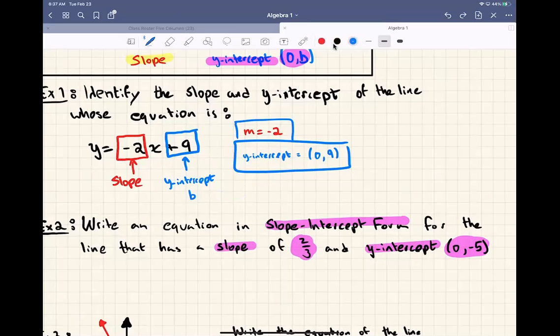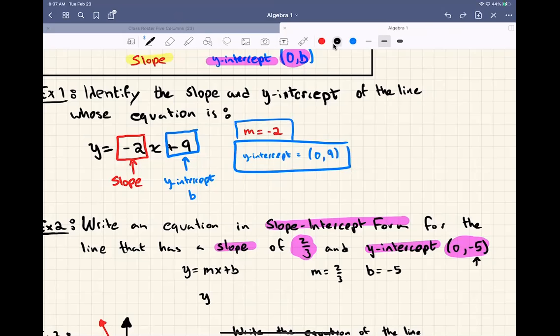So we know our line should look like slope-intercept form, y equals mx plus b, where m, the slope, is 2/3, and our b is negative 5. So we're just gonna plug that into our equation.